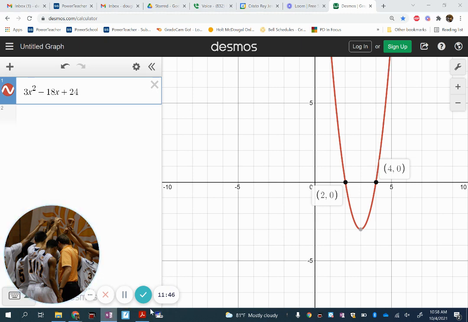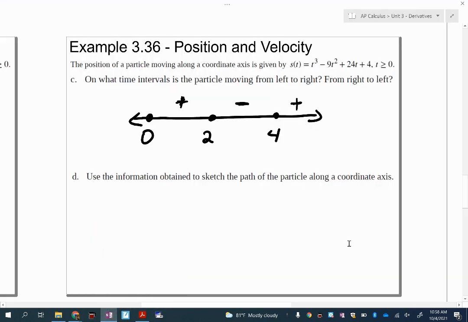To answer this question, now that I know the signs between those times, I'm going to write down that the particle is moving from left to right on 0 to 2 and 4 to infinity.